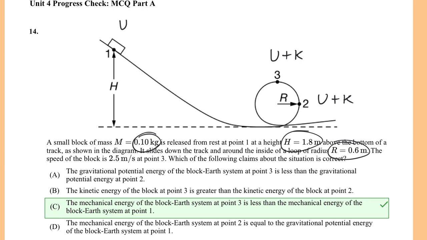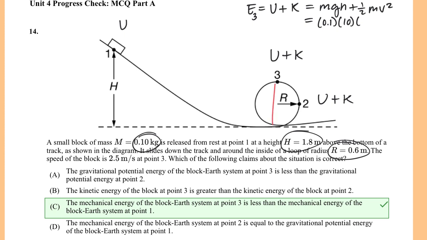So let's calculate first point 3, the mechanical energy. The energy at point 3 is going to be potential plus kinetic. That's going to be mgh plus 1/2 mv squared. So we have a mass of 0.1 times gravity times height, which is going to be 2r.